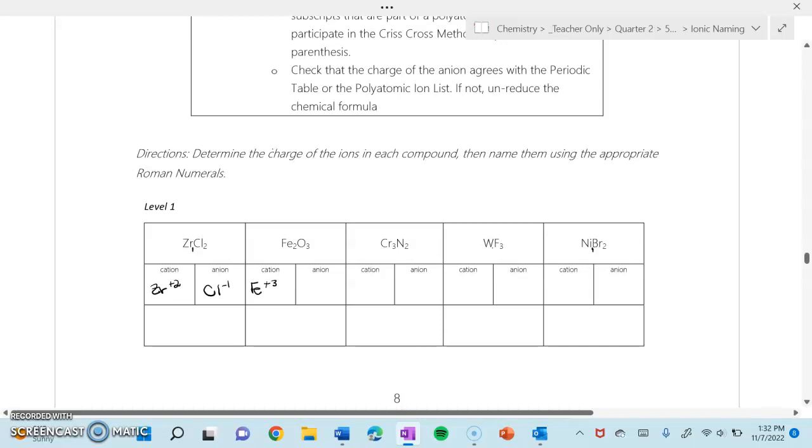Iron. We're getting the 3, reverse crisscross, 2, same thing here, reverse crisscross, all of your charges.